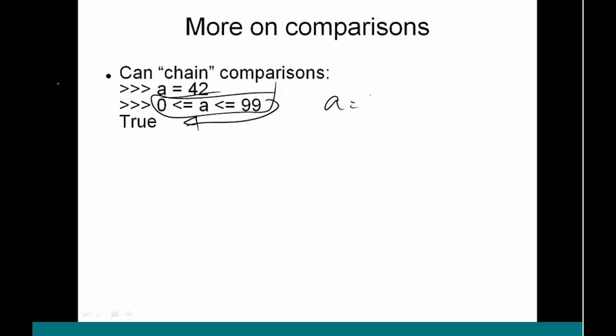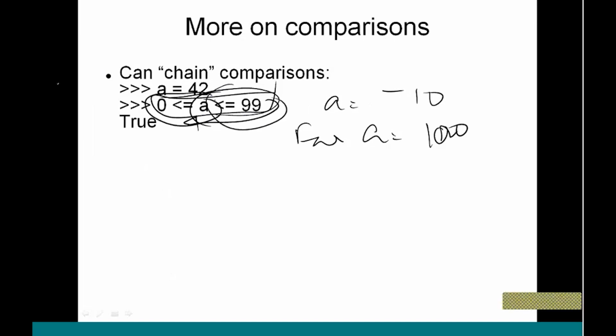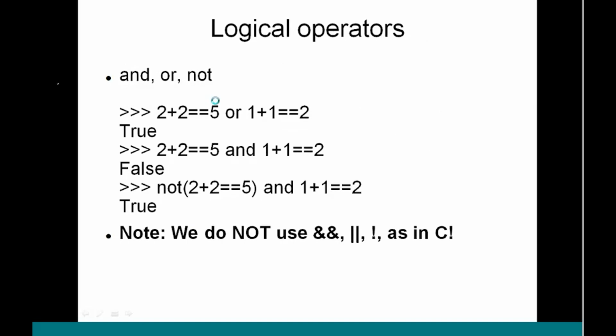But if A is minus 10, this evaluates to false, even though this side may be true. And if A is 100, then also it returns false because this side will evaluate true, but that side is going to be false. So you can specify these shortcuts. This actually saves a lot of time and a lot of code.